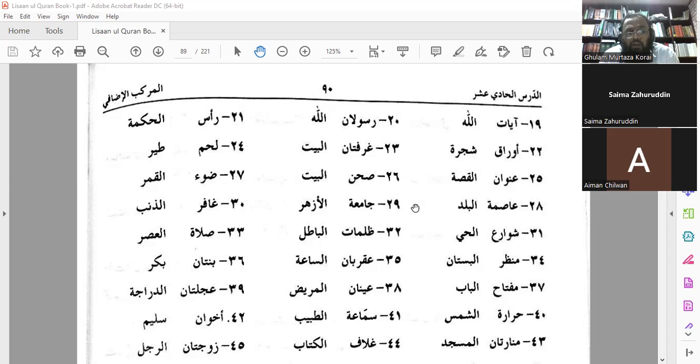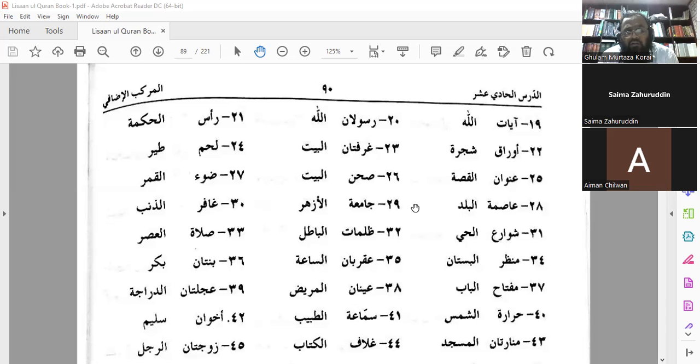Number two, if the noun that becomes mudaf is muthanna, the noon would be dropped. In rafa, it will have alif. In nasab and jar, it would be ya ma qabl fatha. In case of jama, the noon would definitely be dropped if it is mudaf. In rafa, it will have waw, waw ma qabl dhamma. In nasab and jar, it will have ya ma qabl kasra.